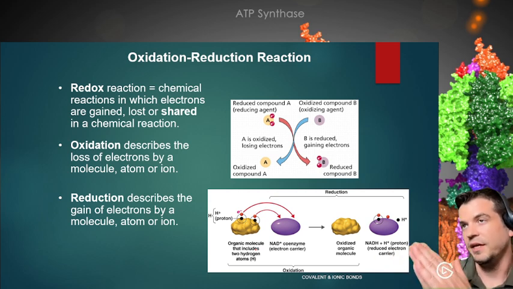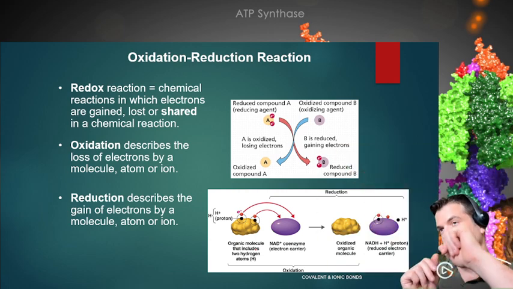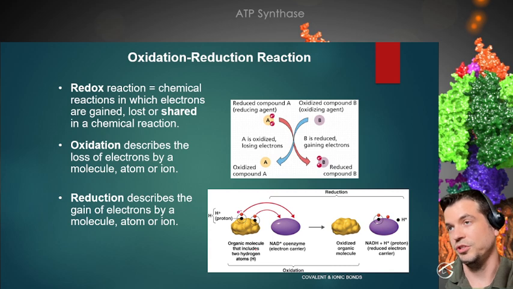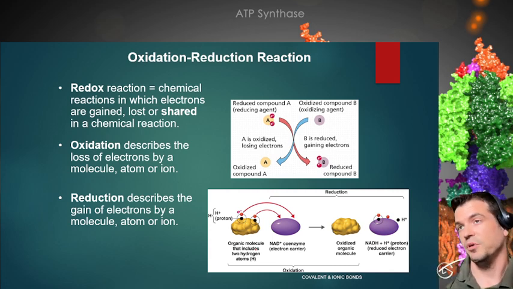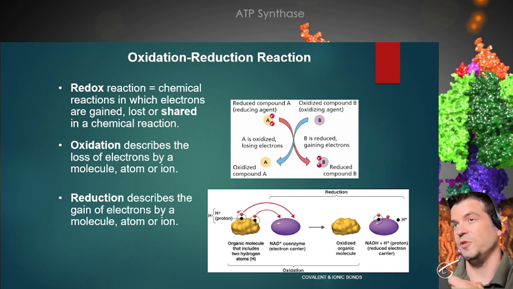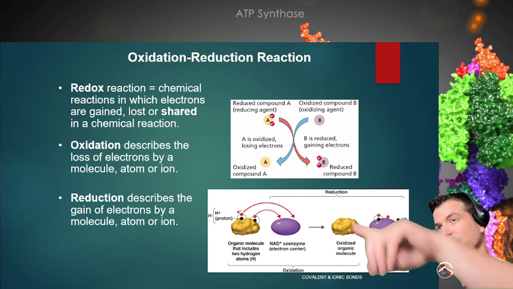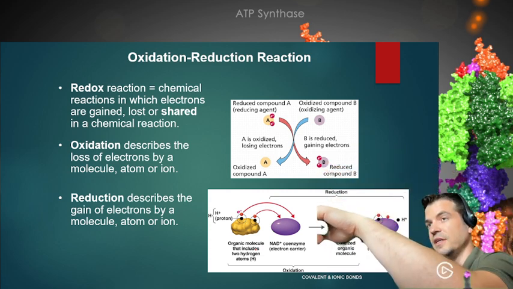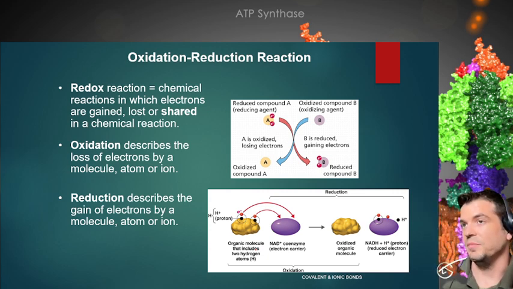If you gave away your electrons, you have now lost those. You become oxidized. Okay, the one getting those electrons will have gained them and become reduced, but they had started out as an oxidizing agent because they caused the other reagent to become oxidized.